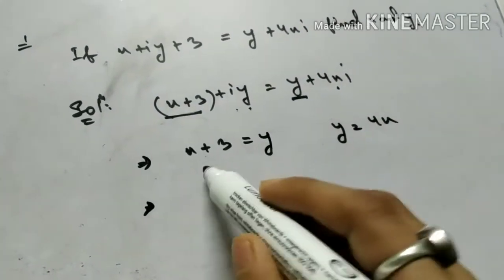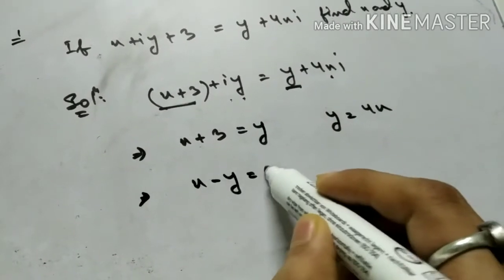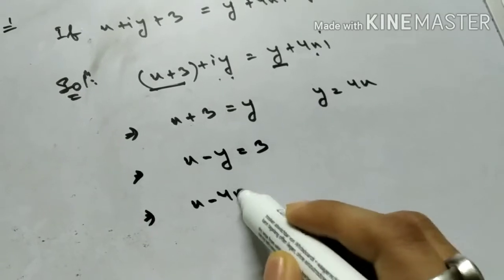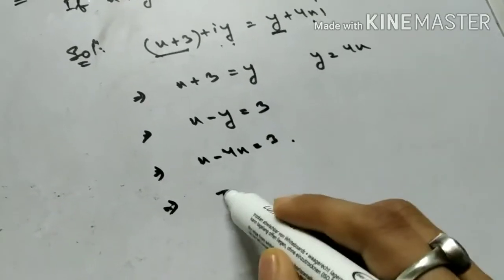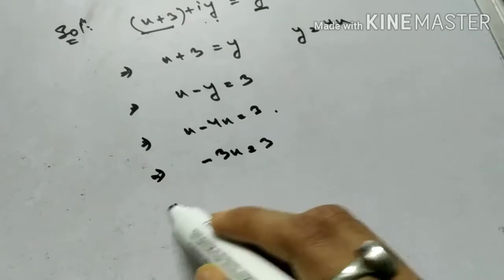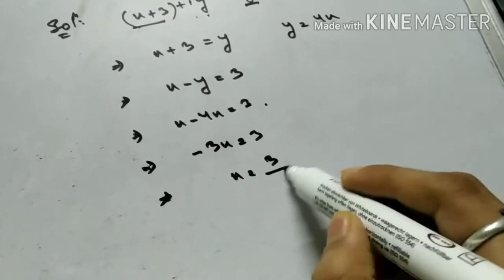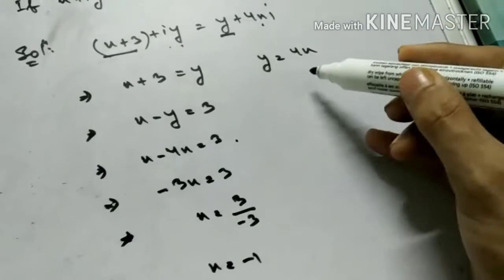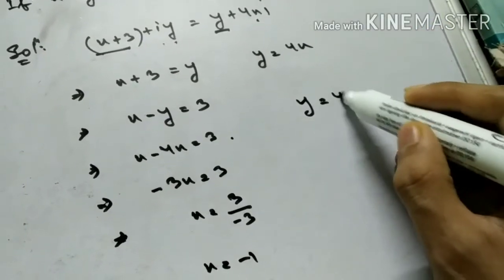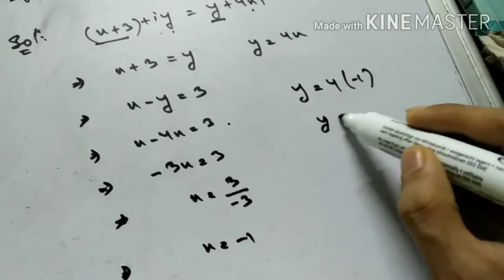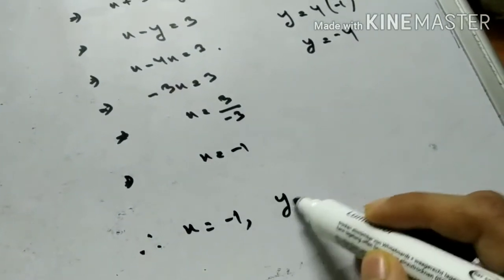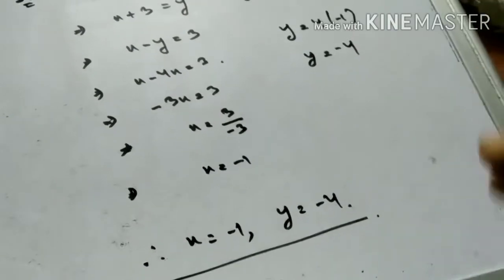So therefore here I will get x minus y is equal to 3, y value is 4x given, put it in here, x minus 4x is equal to 3, minus 3x is equal to 3, x is equal to 3 by minus 3, so x is equal to minus 1. This minus 1 you put in there, y is equal to 4 into minus 1, y is equal to minus 4. Therefore x equals minus 1, y equals minus 4. This is our answer.